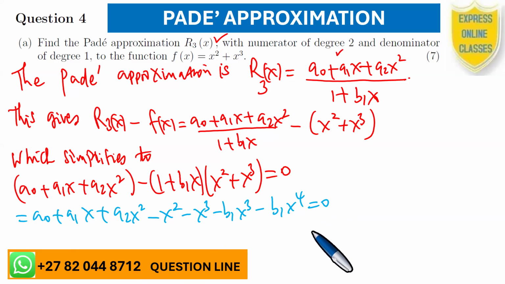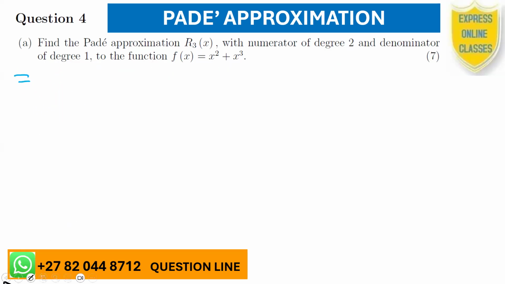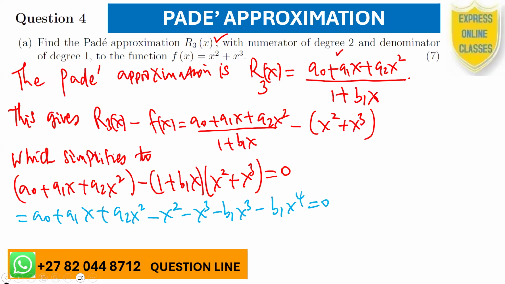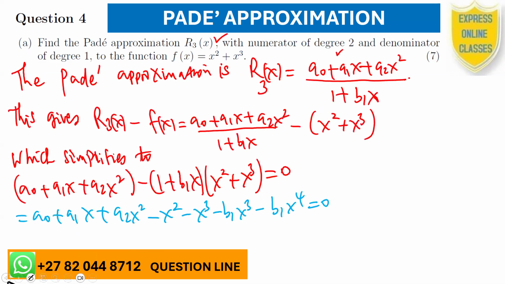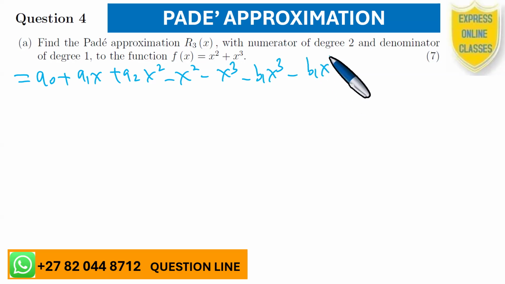So we continue with our analysis of this. So if we have, therefore, that this is a naught plus a1x plus a2x squared, minus x squared minus x cubed, minus b1x cubed, minus b1x to the power 4.